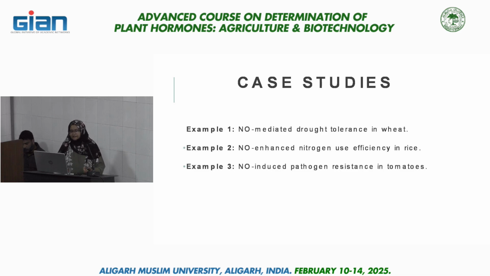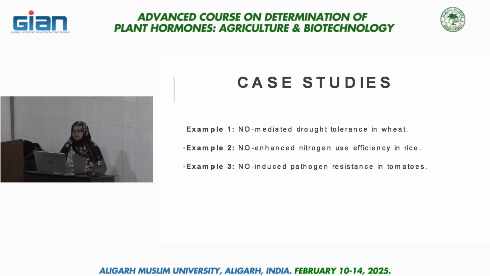And besides wheat drought stress, NO also enhances nitrogen use efficiency in rice. The donor of nitric oxide, sodium nitroprusside, increases nitrogen uptake and assimilation in rice and releases compounds that enhance photosynthetic nitrogen use efficiency, promoting higher biomass production and improving nitrogen retention and reducing fertilizer runoff.